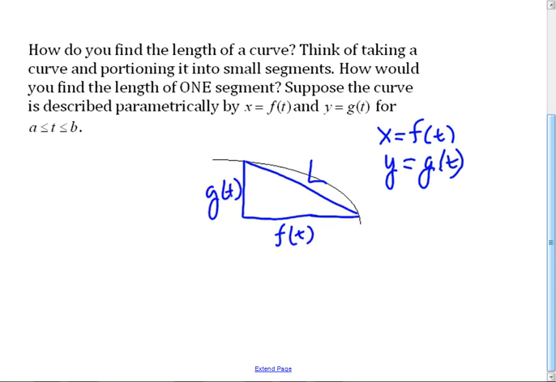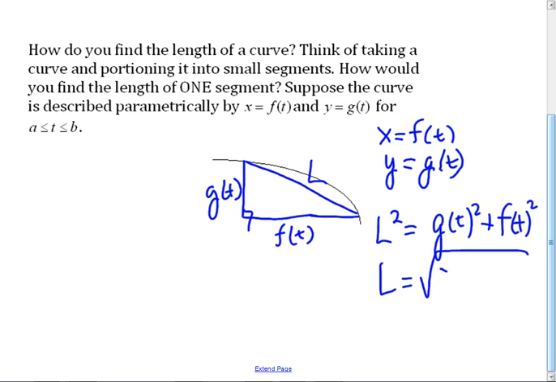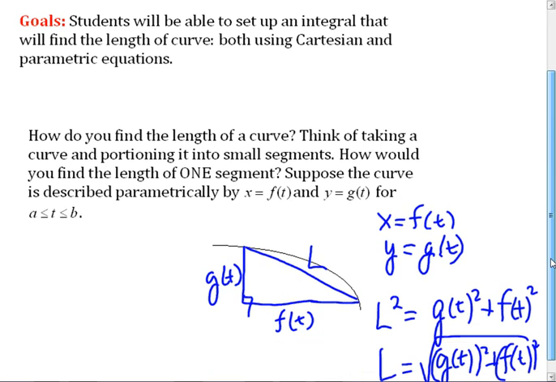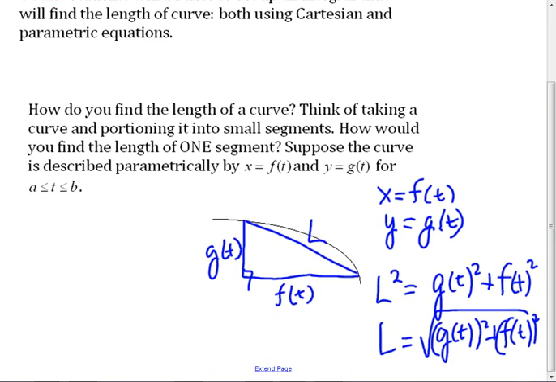By Pythagorean theorem, L squared is equal to g of t squared plus f of t squared, and so L is equal to the square root of that. But actually, that's not right. That would be just one little segment. I need to add them all up.